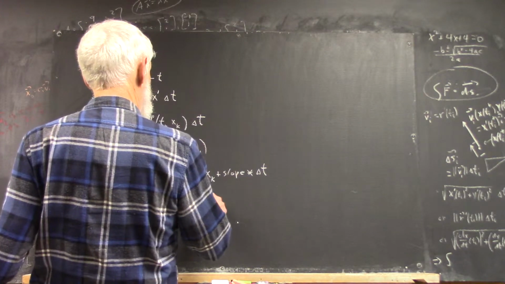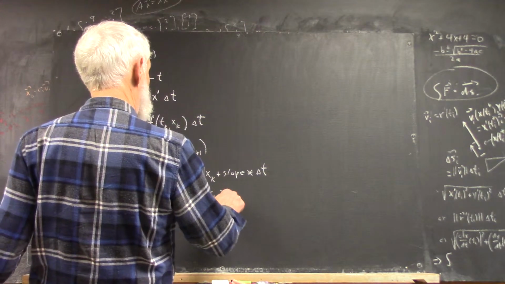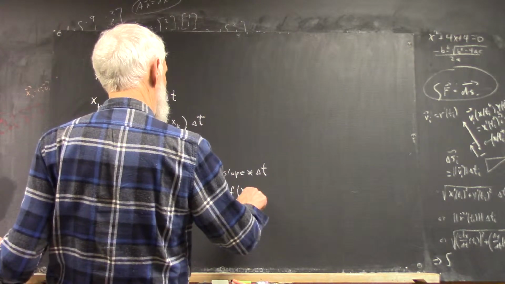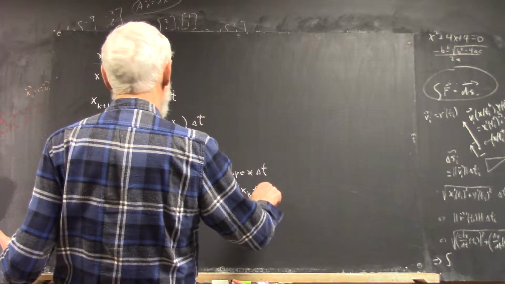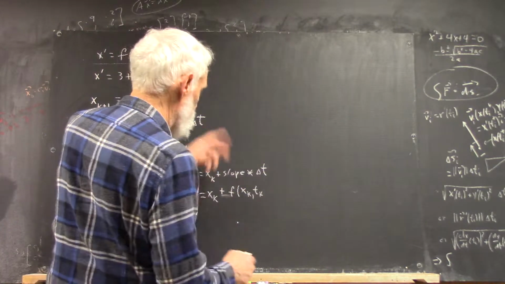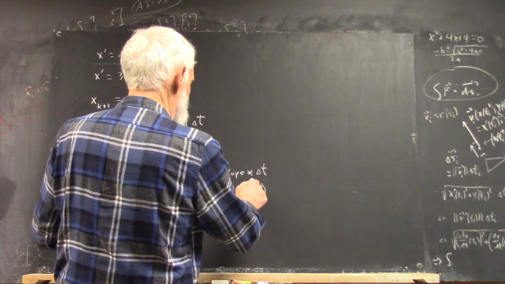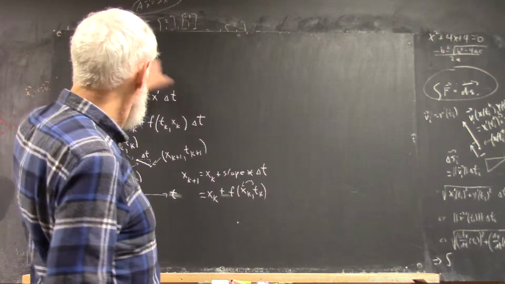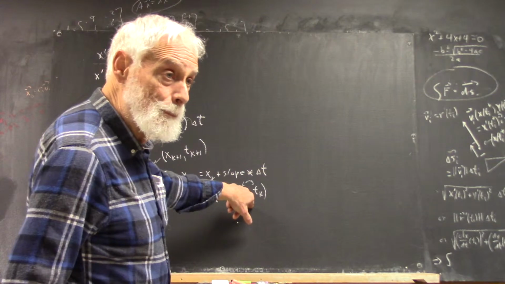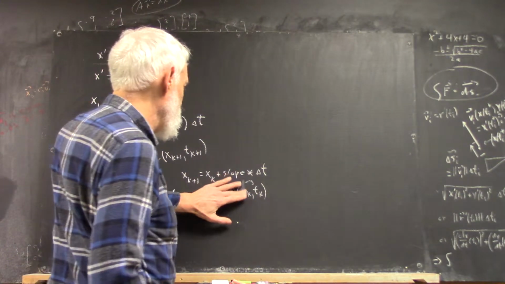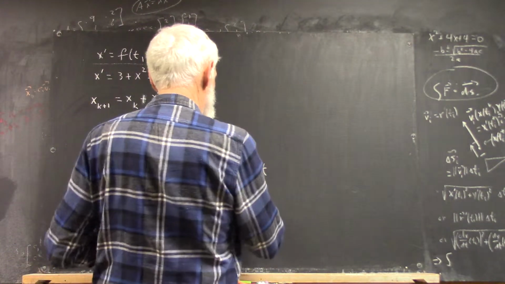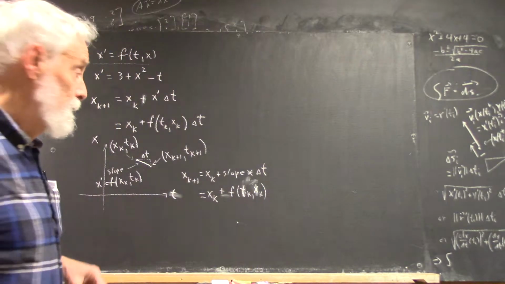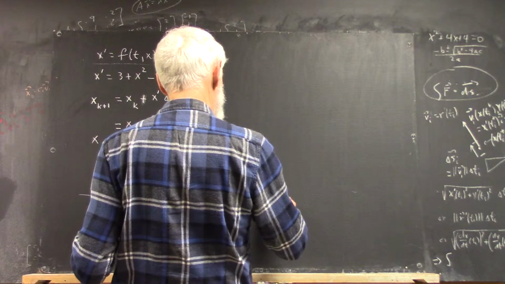The only way the derivative is involved is that your slope is f of xk, tk. Actually, I've got t first. I'm not going to correct it. Probably should reverse these. But you evaluate this function f at this point. It's too bad. I got to fix it. Even if it's a smudge, I got to make it right. Make sense? And you multiply that by delta t.